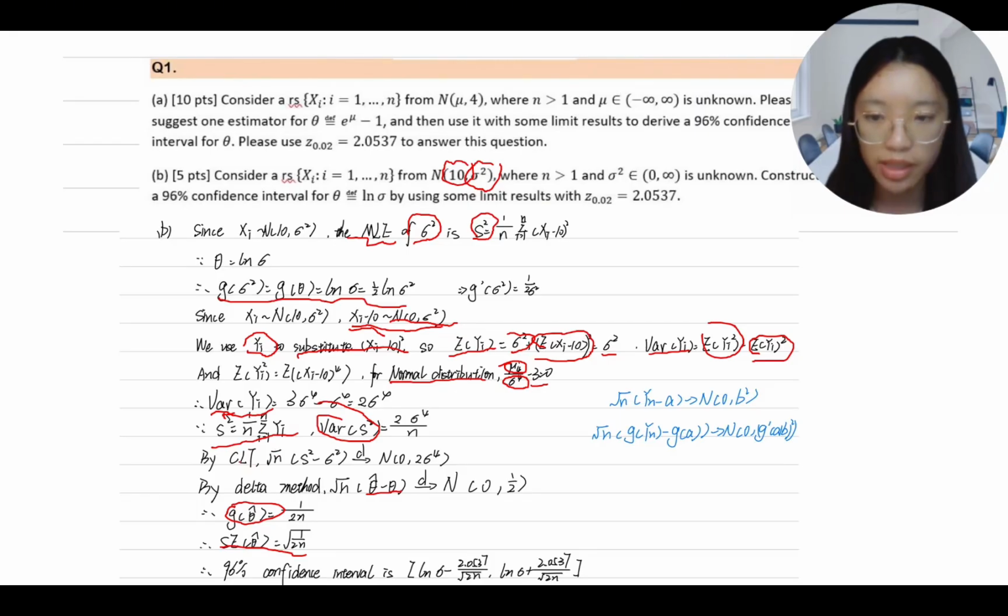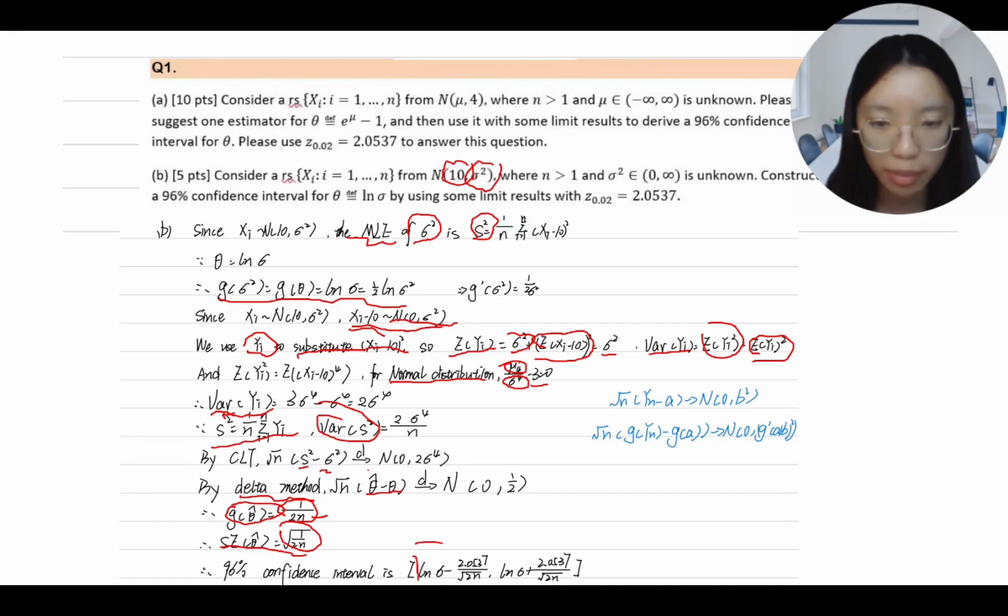Then we can use the central limit theorem to write the relationship between S squared and sigma squared, and then use the delta method to get the relationship between sigma bar and sigma. So we get this relation, these results, and then the standard error, and then just write the interval.